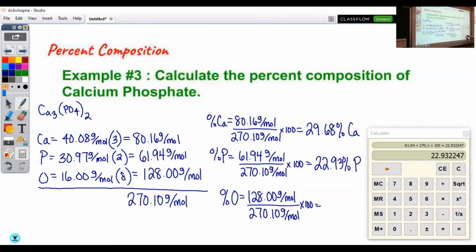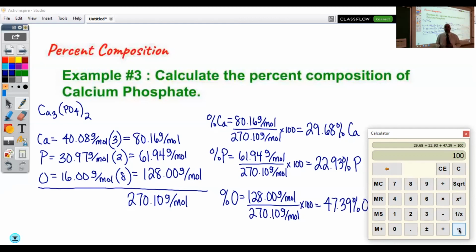And then finally, for our oxygen, 128 divided by 270.10 times 100, and we get 47.39%. Then a nice way to double check your answer is to go back and add these up. 29.68 plus 22.93 plus 47.39 equals 100%.